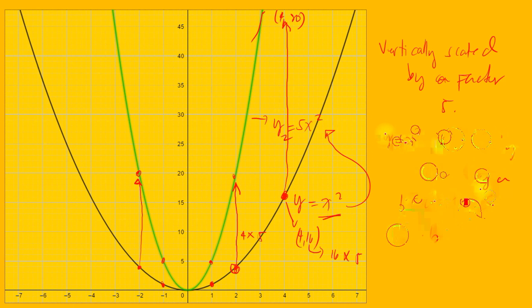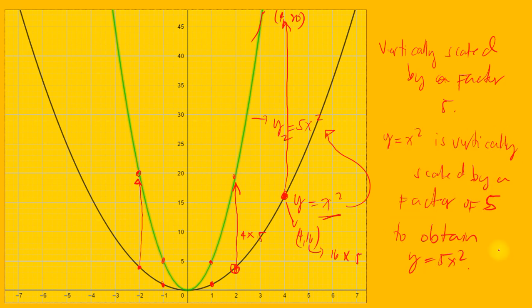So remember, the x value is not the one being multiplied by 5. It's the y value along y equals x squared that is being multiplied by 5.